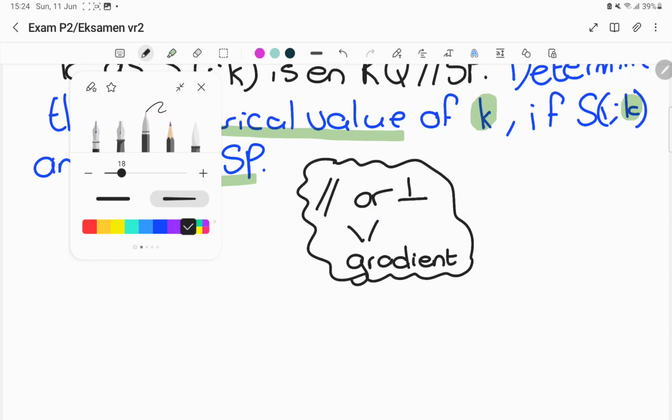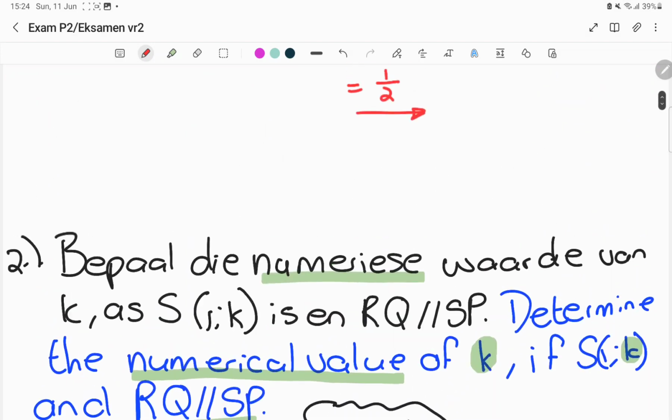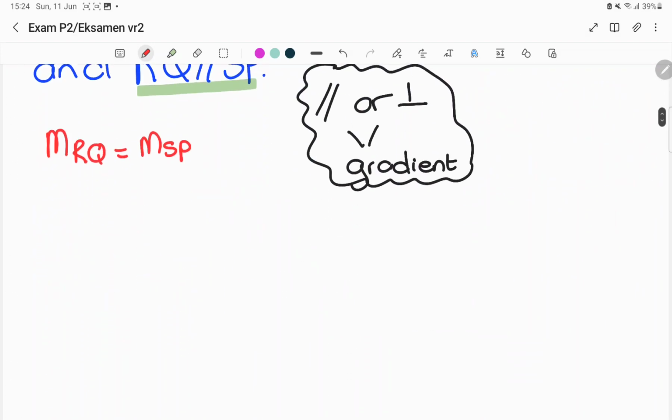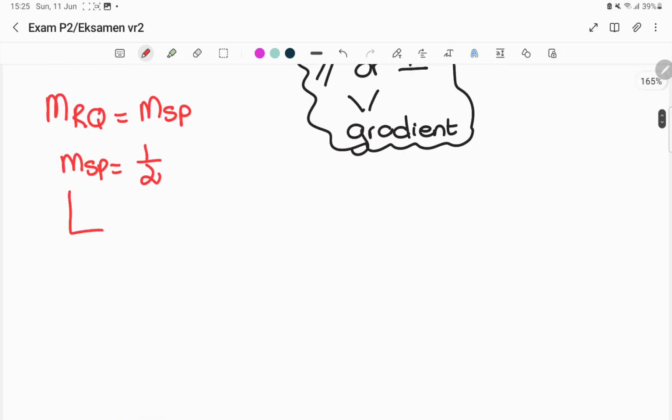Alright, so now the fact that these two lines are parallel, it means that the gradient of RQ will be equal to the gradient of SP. Now we already calculated the gradient of RQ and we got it as a half. So we know the gradient of SP will also be a half. Alright, so let's go and calculate this gradient.